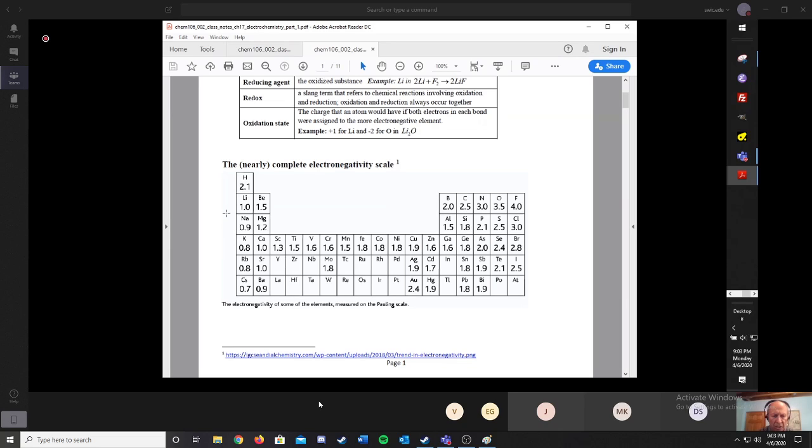So they like to lose electrons, and over here, these elements like to gain electrons. So together, they work well together. So lithium loses an electron, and it becomes oxidized. And at the same time, if it attached to fluorine, fluorine would gain an electron and become reduced.